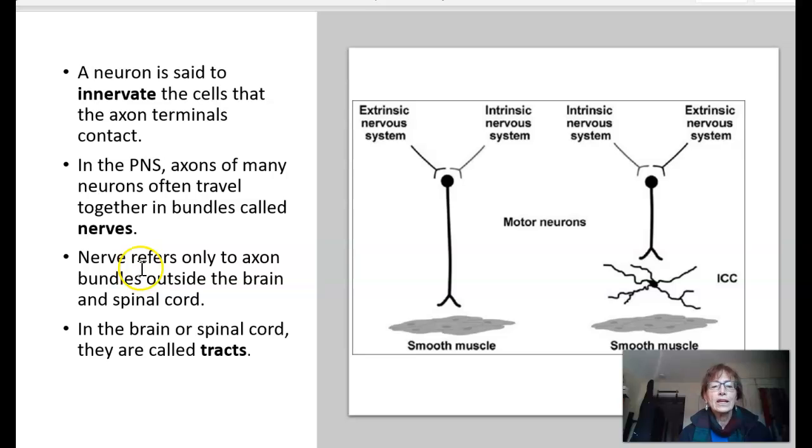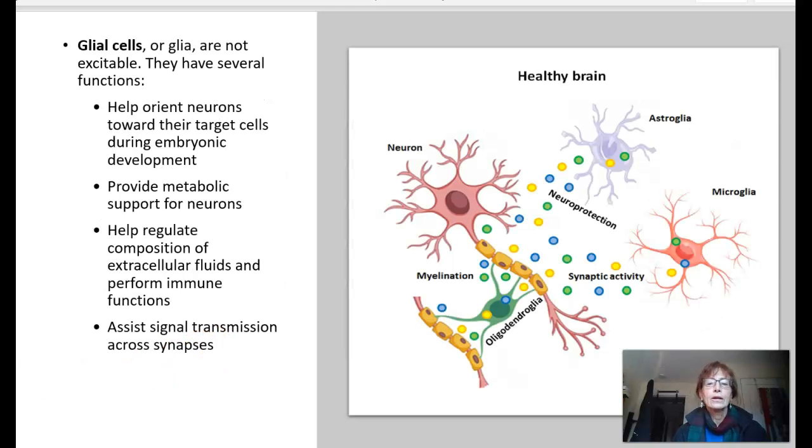But in the brain, we're generally looking at things we call tracts. When we talk about a tract, we're usually talking about the same thing, a bunch of neurons going in the same direction, so we're following the bundle of axons that are moving somewhere.